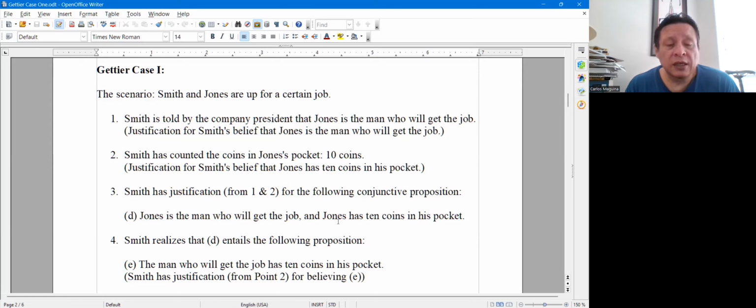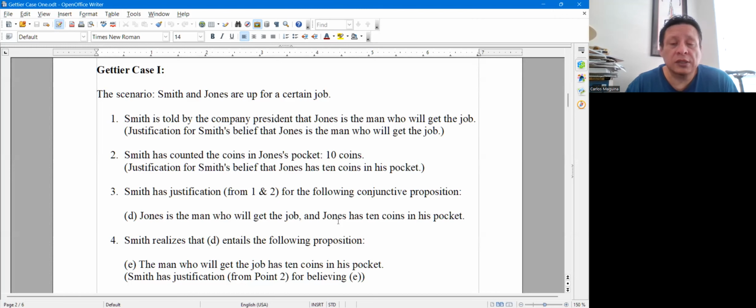or follows from, D: Jones is the man who will get the job, and Jones has 10 coins in his pocket. So if Smith believes that Jones is the man who will get the job, and Jones has 10 coins in his pocket, then he's justified in believing that the man who will get the job has 10 coins in his pocket.